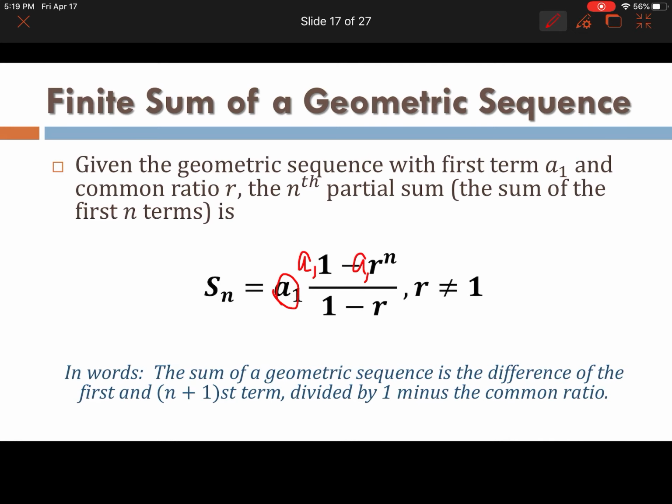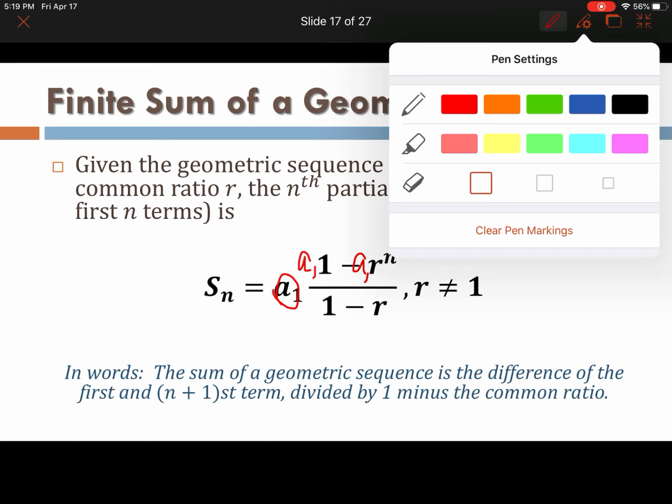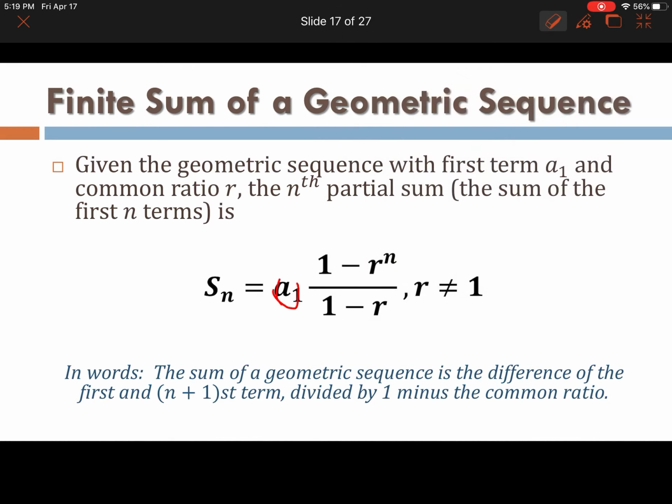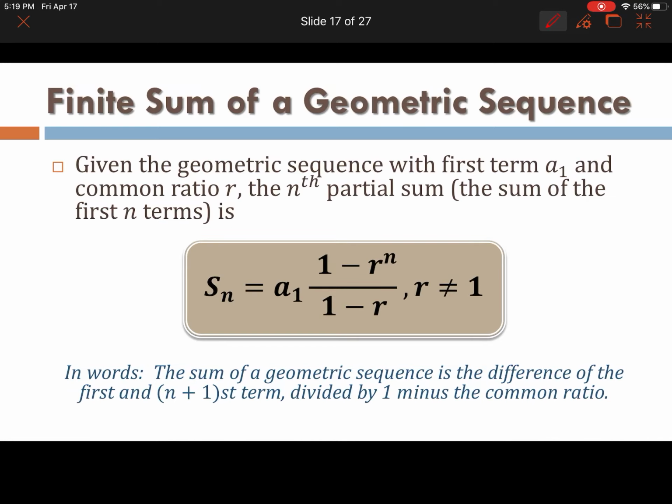And a sub 1 times r to the n, that's the n plus 1th term. That's kind of what we're saying in words. And then on the bottom, we have 1 minus the common ratio. So let's see how that works out.